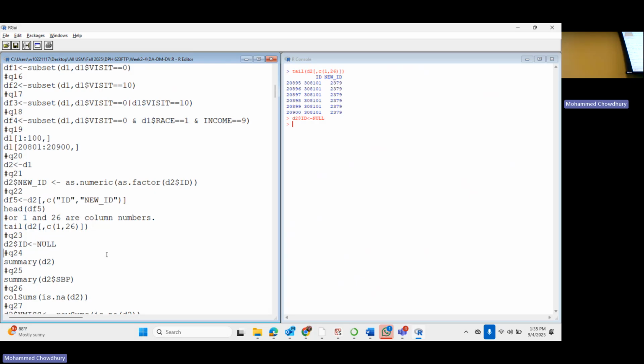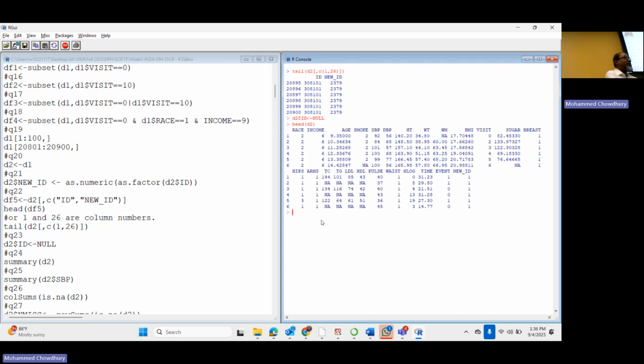So now if you take a look at the D2 data, head D2, you will no longer see the ID variable. Are you seeing the ID variable? No, right? The ID variable disappeared, right? So how can I do that?